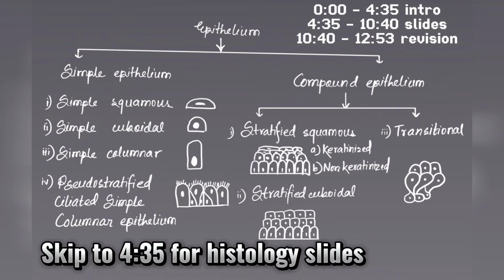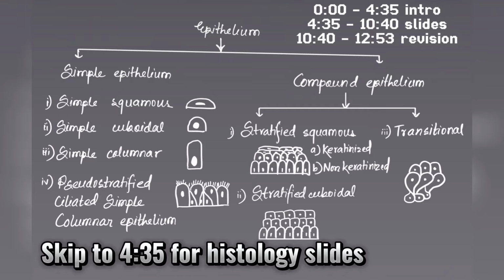Then there's your compound epithelium, where you will find cells in multiple layers, or the nucleus of cells in multiple layers. Under this, you have stratified squamous epithelium. So you'll find nucleus in multiple layers, and the topmost cells, I repeat, the topmost cells are going to be flat.